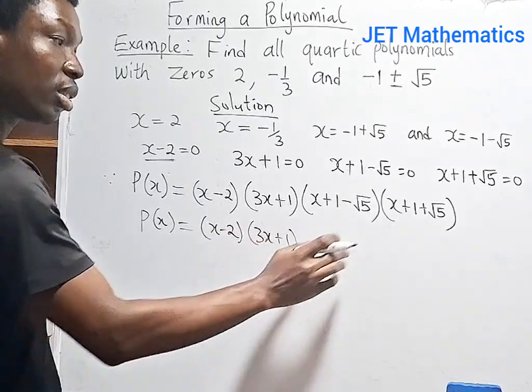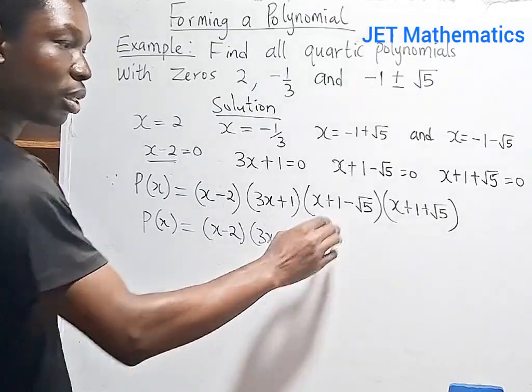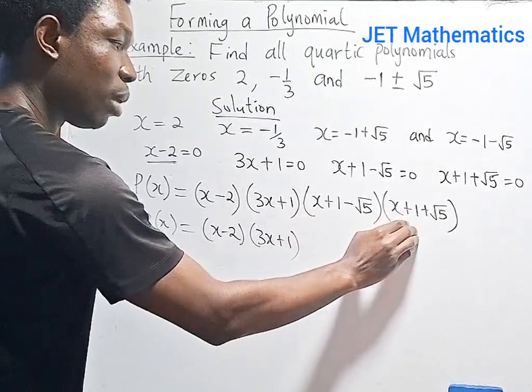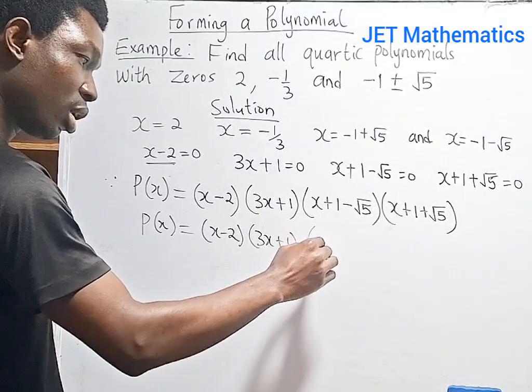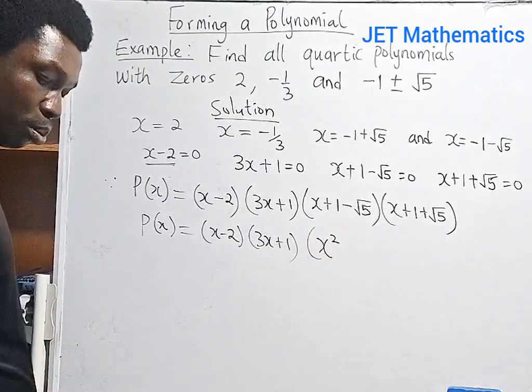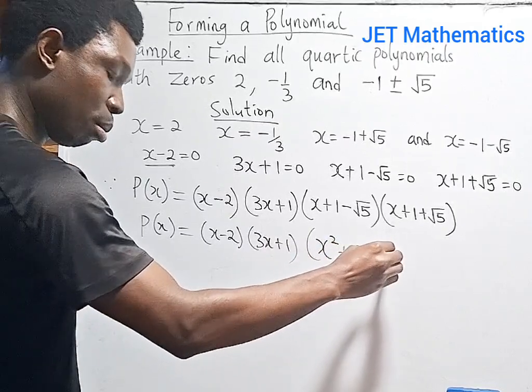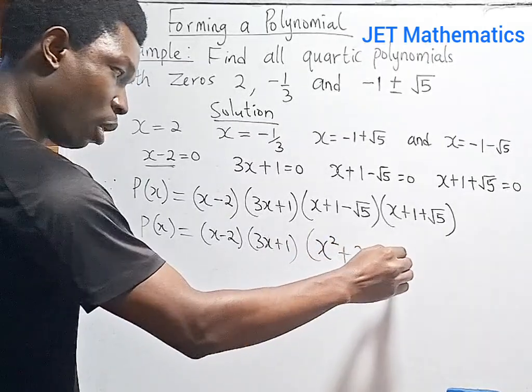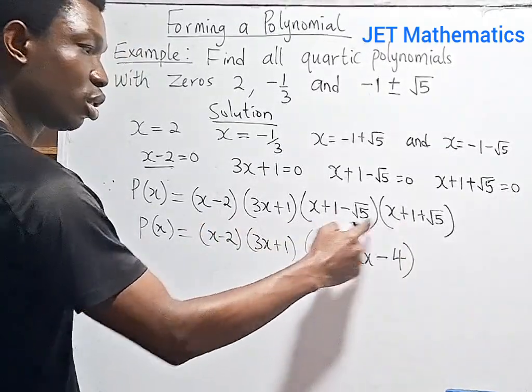So we have this and this, but I want to make this a little bit finer, so I'm going to expand this. Multiplying this by this, we are going to get x squared plus 2x minus 4.